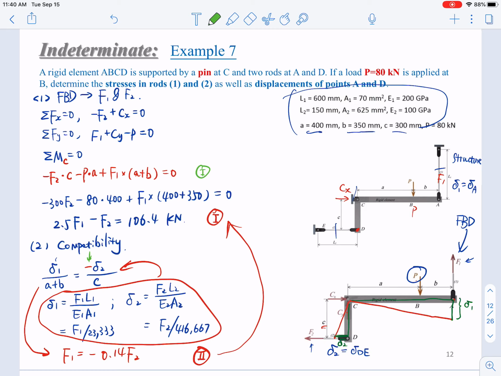Then you just need to do more work in this step to derive the second equation. Okay, just need to be more careful to derive the correct equation. So if you missed this negative sign, then the result will be wrong.